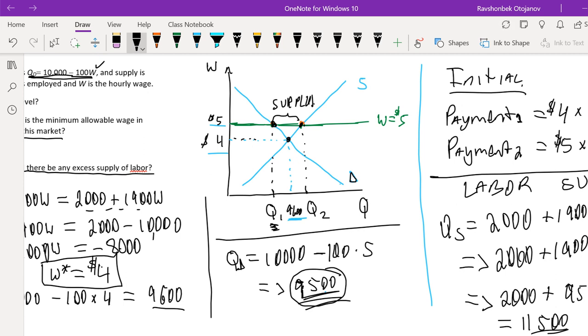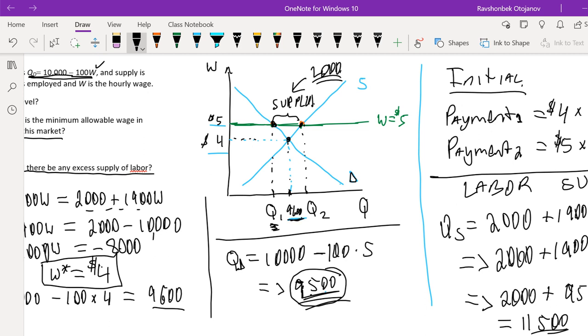But the labor demand at that wage rate is 9,500. So the surplus will be 2,000. The excess supply is 2,000. And notice this: these 2,000 people who are looking for a job include the 100 people who lost their jobs. Remember, because at the original equilibrium, the number of people employed was 9,600.